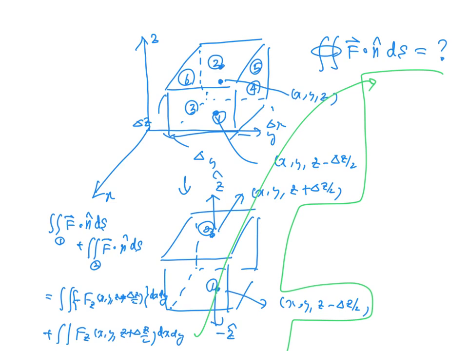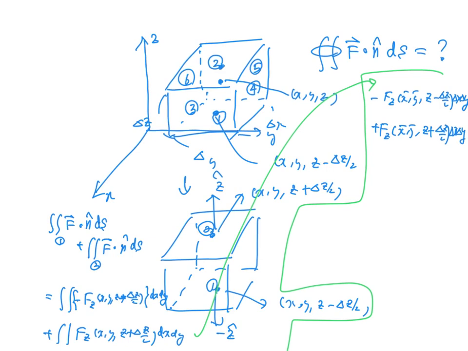Then we obtain the first value is minus Fz(x bar, y bar, z minus delta z over 2) delta x delta y plus Fz(x bar, y bar, z plus delta z over 2) delta x delta y.